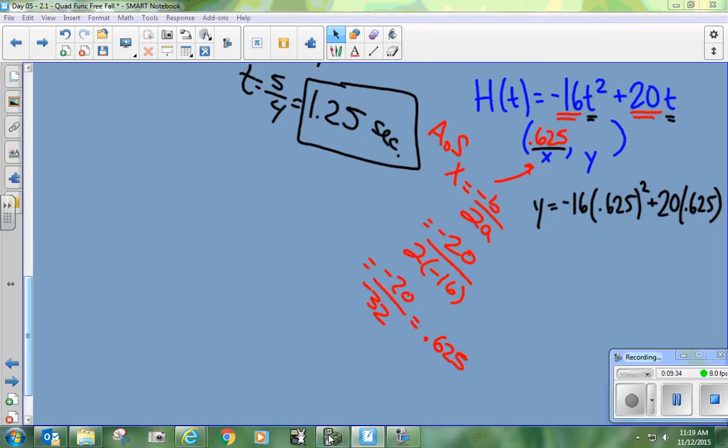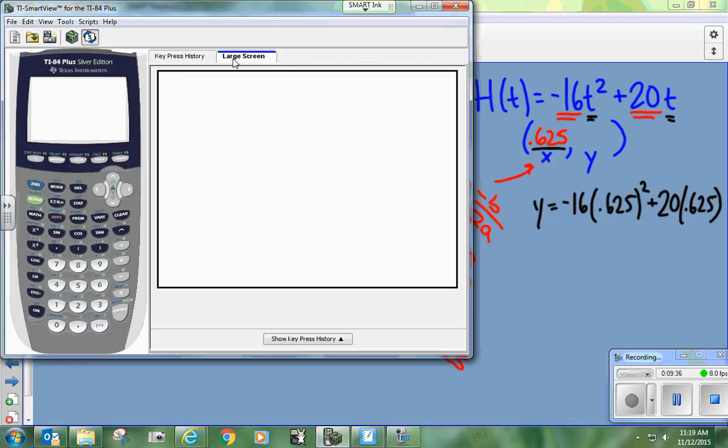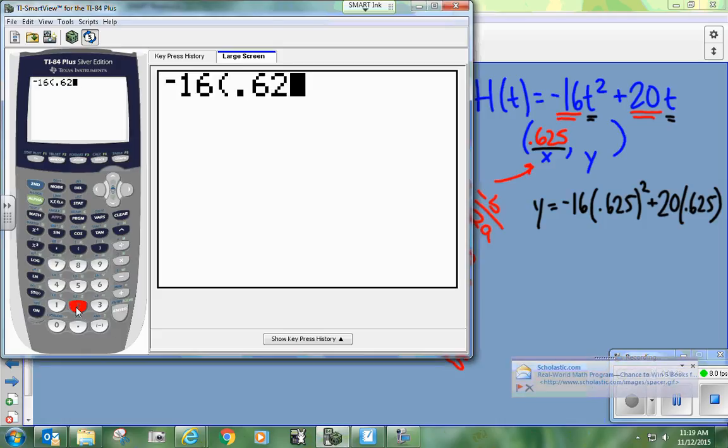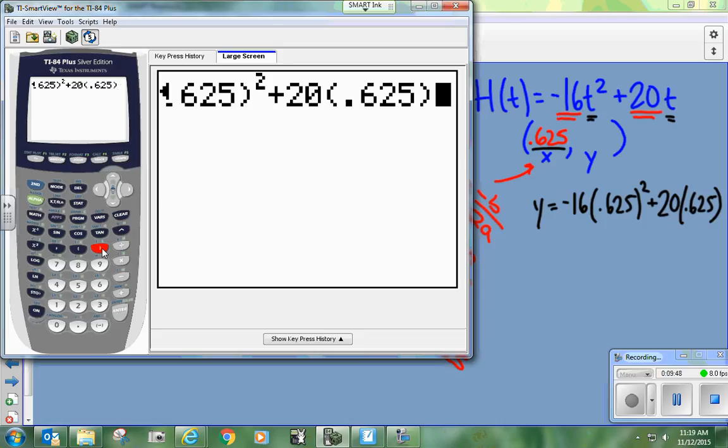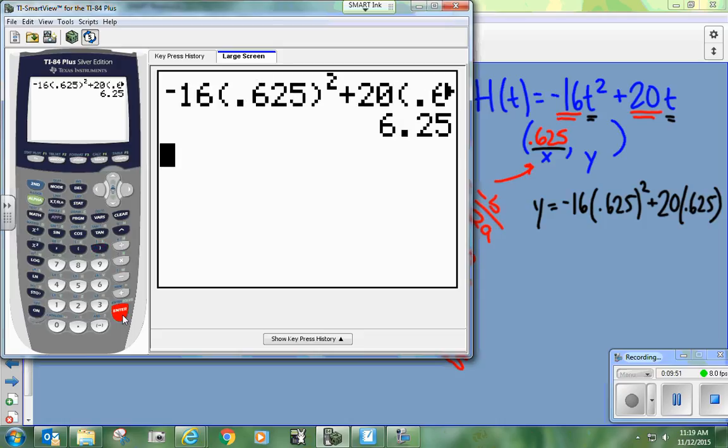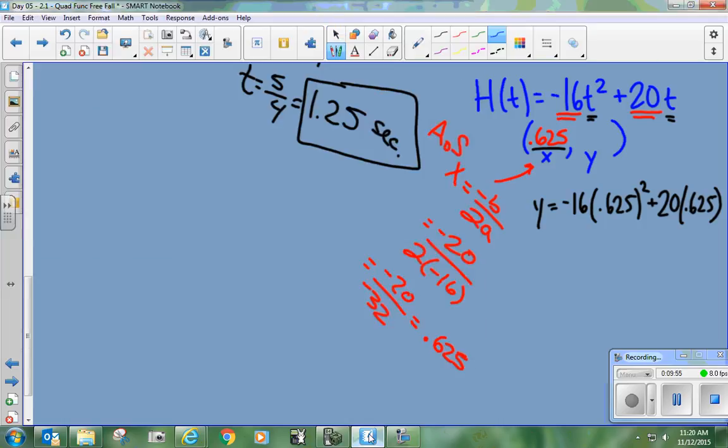I'll do it up here as well. Negative 16 times 0.625 squared plus 20 times 0.625. What do you get? 6.25. We get 6.25.